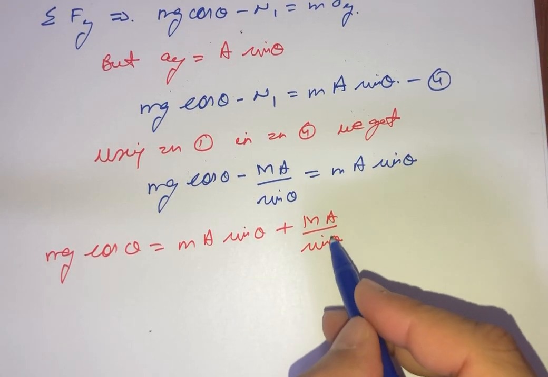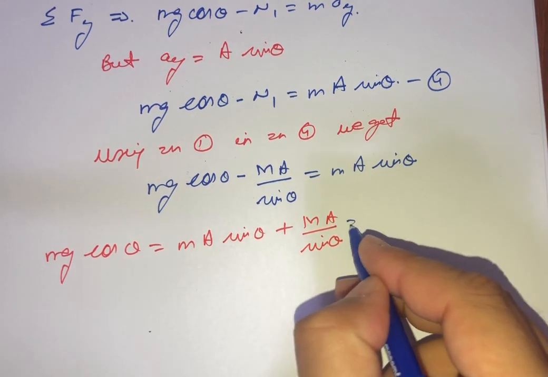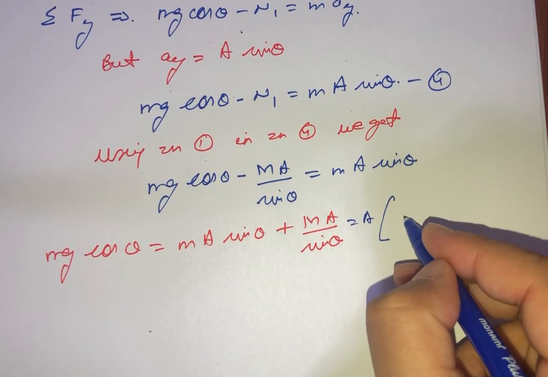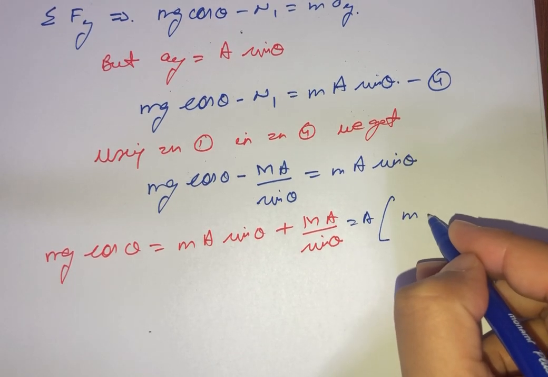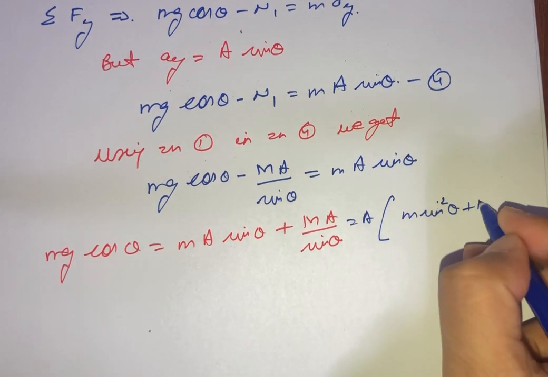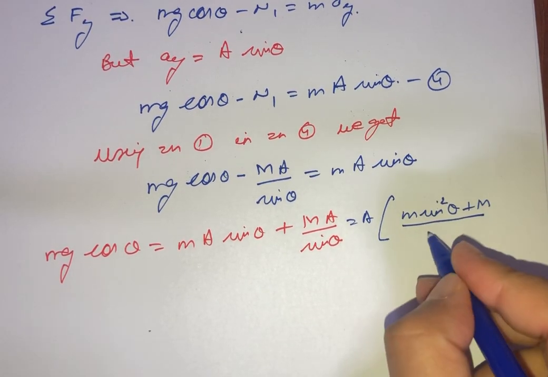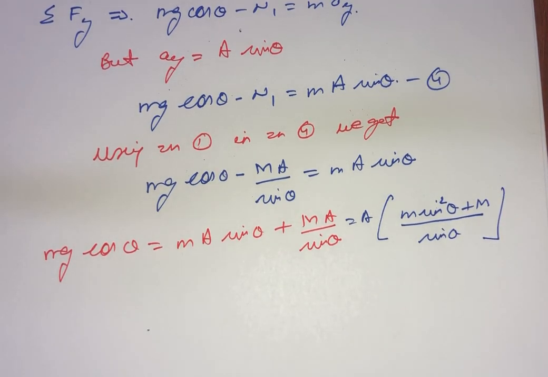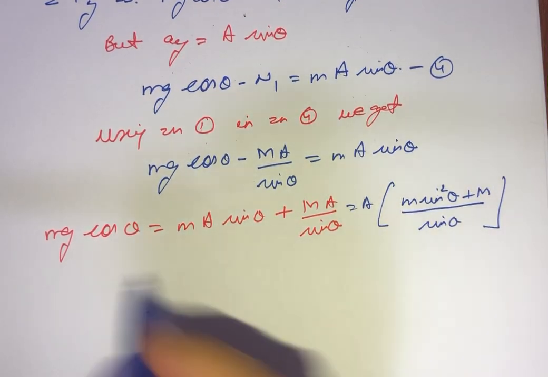We take A as common and sin theta as LCM, so we can set that A, this will be (m sin square theta plus capital M) divided by sin theta.